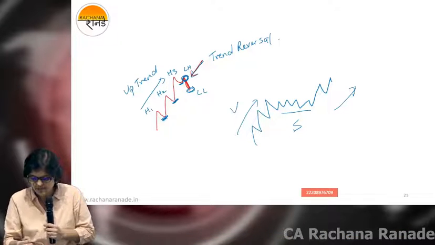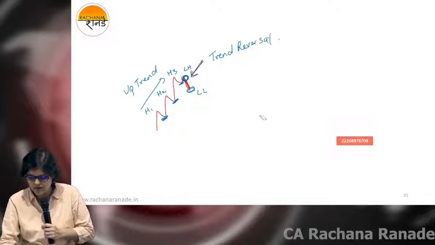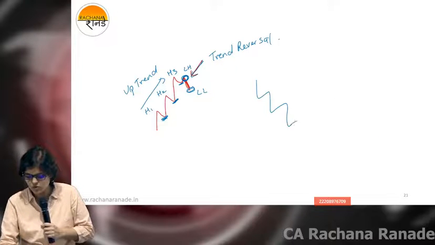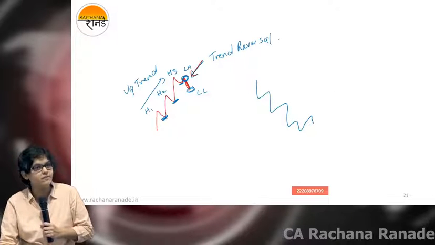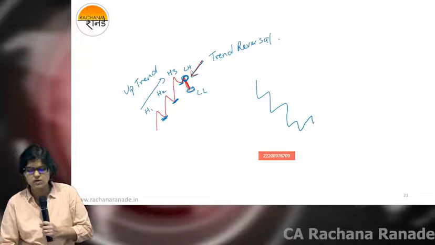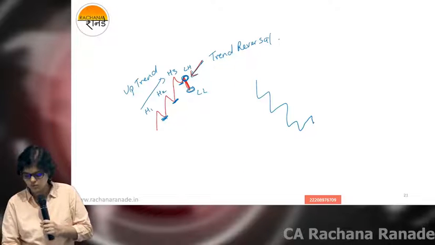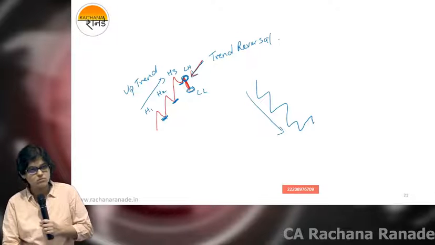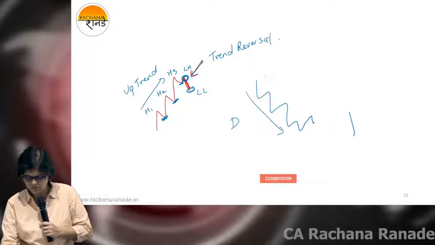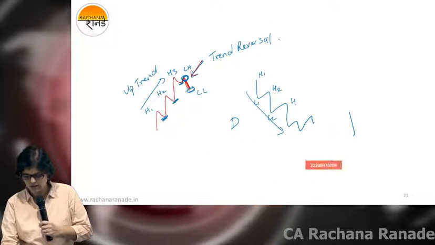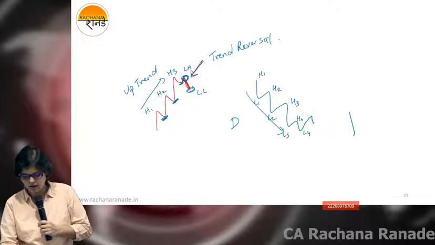No. So please understand, the moment you get a trend reversal, 1, 2, 3, and 4, let us say. Can you see a trend reversal here? This one was a downtrend. So let us say high 1, low 1, high 2, low 2, high 3, low 3, high 4, low 4, high 5, low 5.